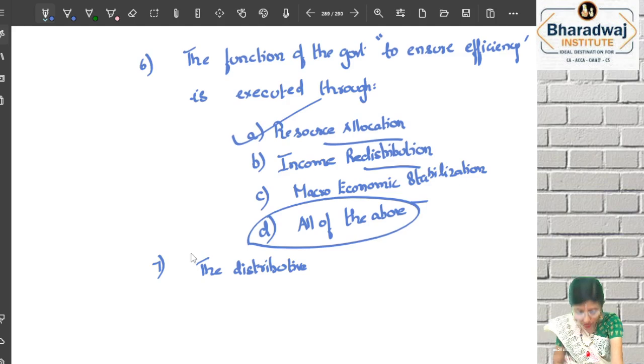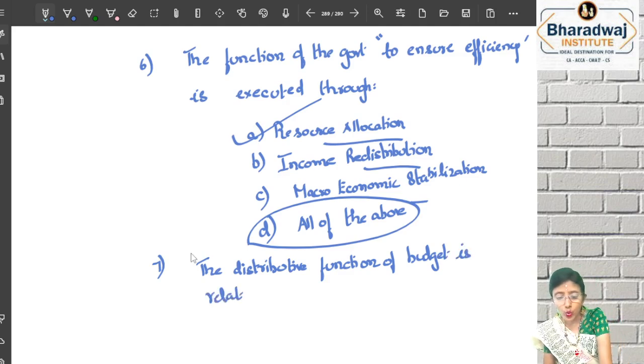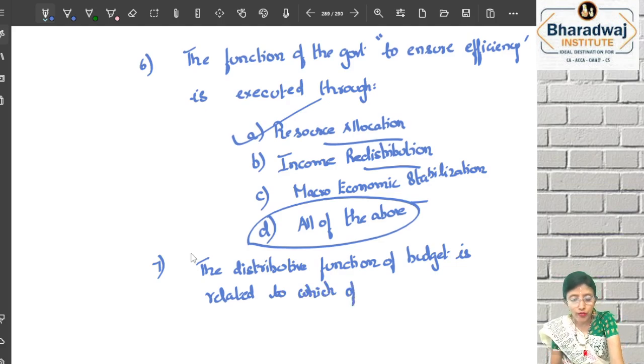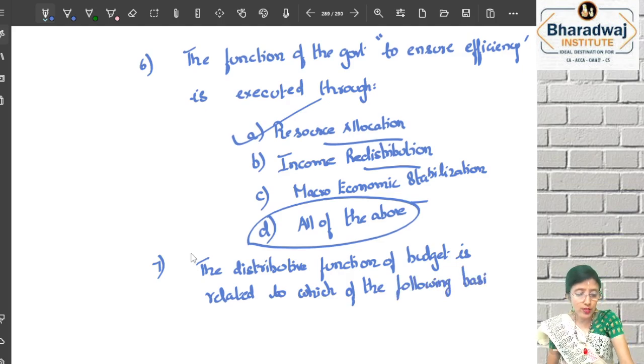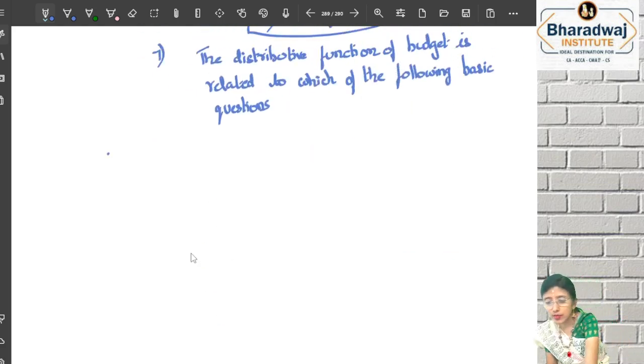The distributive function of budget is related to which of the following basic questions? Okay, I'll write the basic questions.